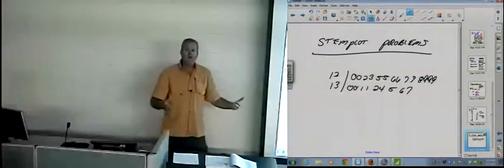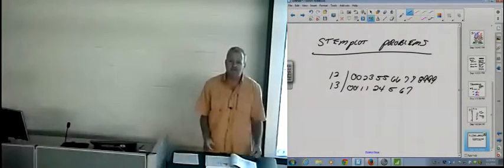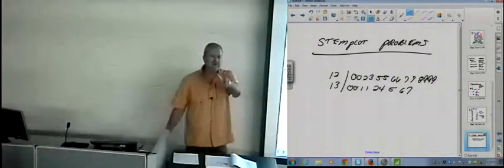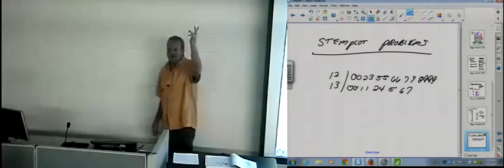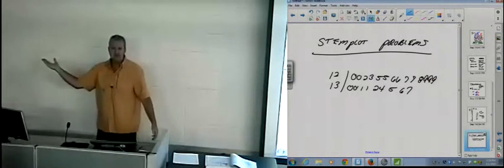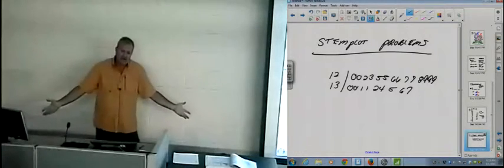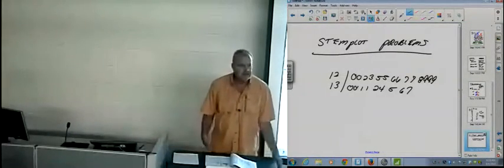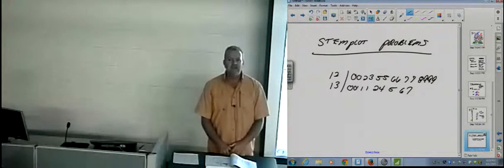Okay, I went through and I just took the data as it was, right? And I made the stems and I made the leaves, and it turns out I had 2 stems. Everything had a 12 or a 13, and then I had all these leaves. That's just the way the data looked, right? So this is your little skyscraper, right? This is not good. We need to make more stems.